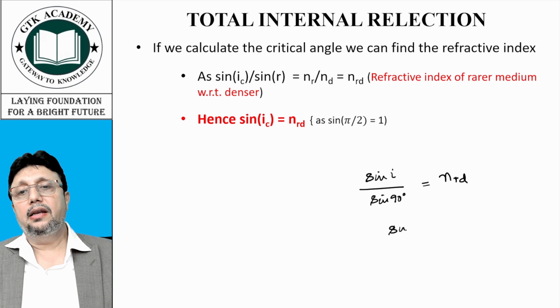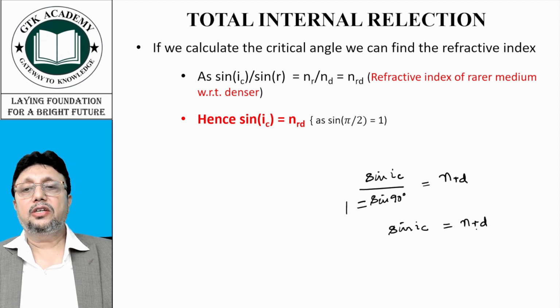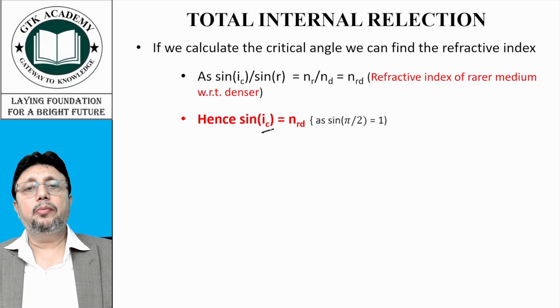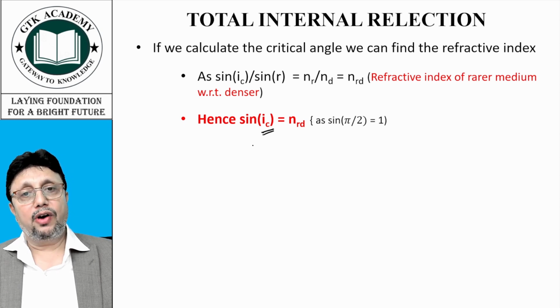That means sin IC, and this is equal to 1, sin 90 is equal to NRD, refractive index of rarer with respect to denser, or you can write 1 upon NDR, refractive index of denser medium. So if we calculate by experiment the value of IC, we can know the refractive index of denser medium.